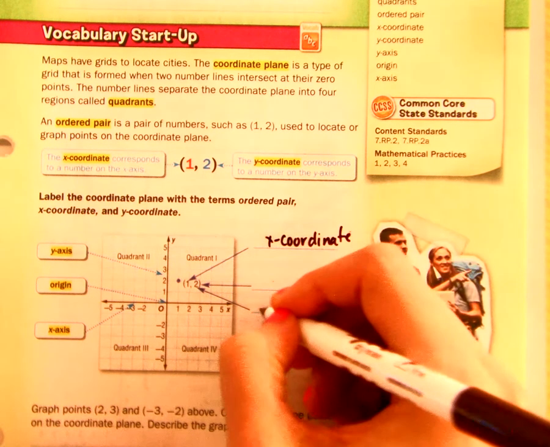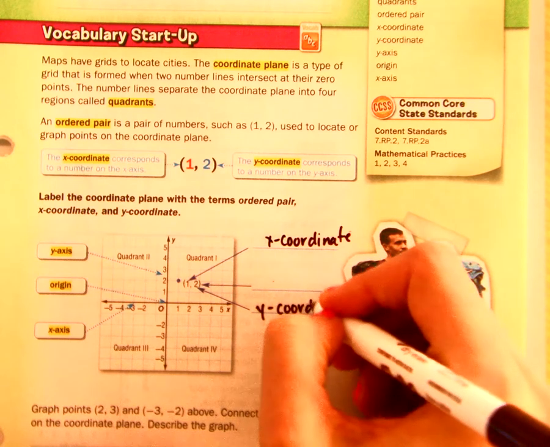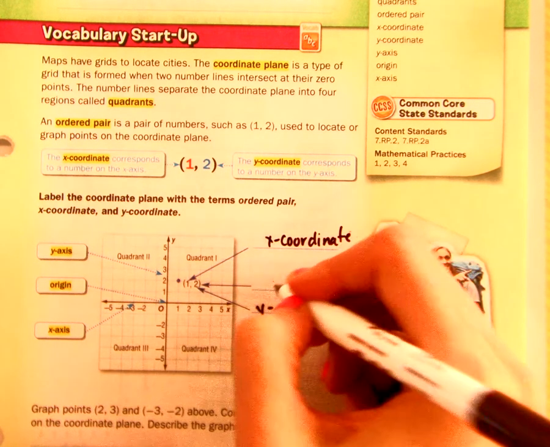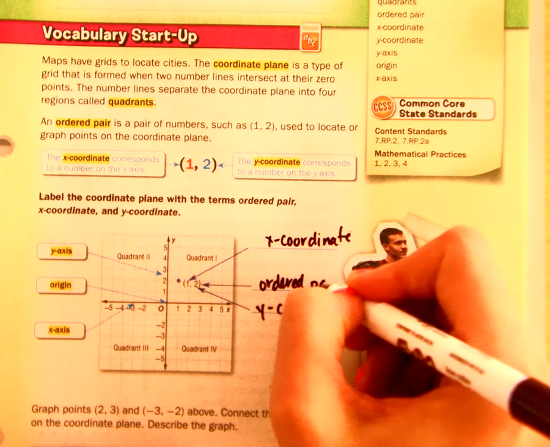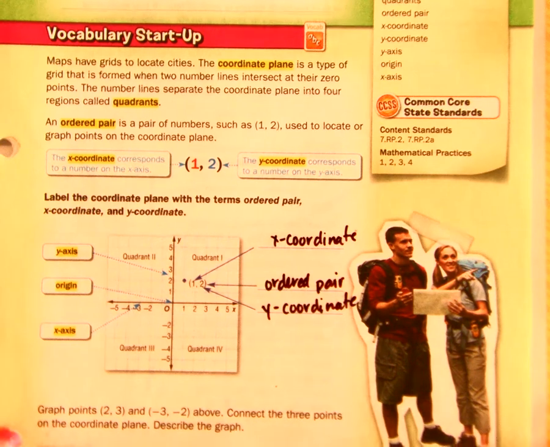And then 2 would be our y-coordinate because that's always our second value. And then the whole thing would be called our ordered pair. So again, we have to remember an ordered pair is what we graph on our coordinate plane. The first point is the x-coordinate, the second point is the y-coordinate.